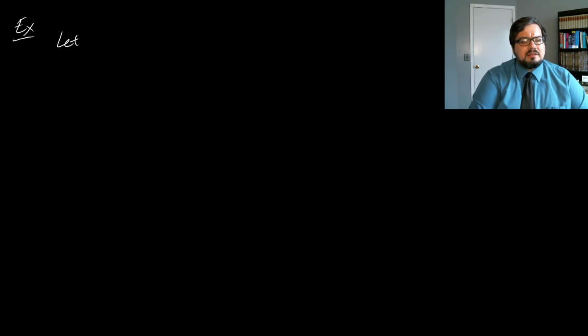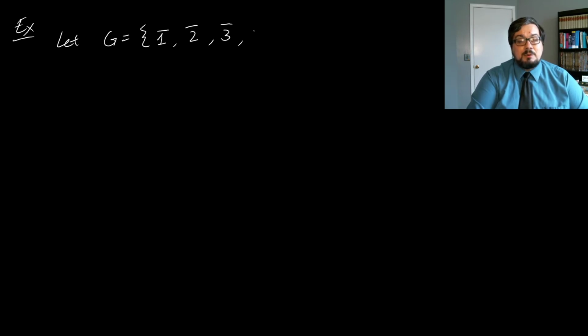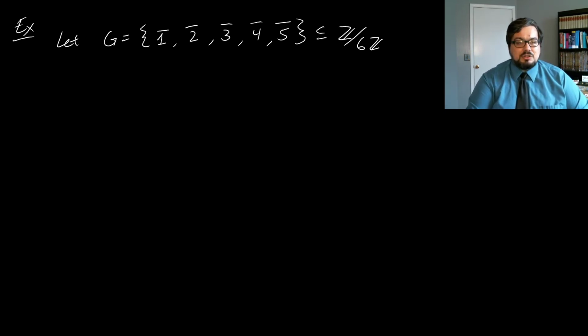So I'm just going to go ahead and let G be the set of all equivalence classes modulo 6 other than 0. So all these equivalence classes are modulo 6.